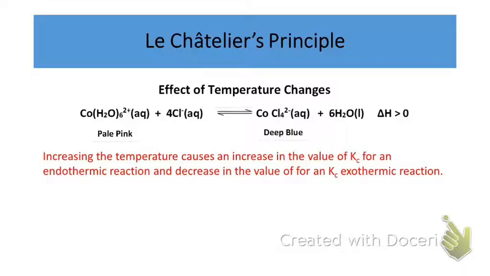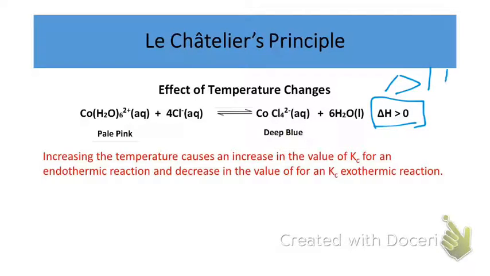Okay, well, let's go to temperature because that's what we're really here to look at. To understand temperature, we have to look at the thermodynamics a little bit. We have to look at the delta H values, right? Now, according to this reaction, the delta H is greater than 0.